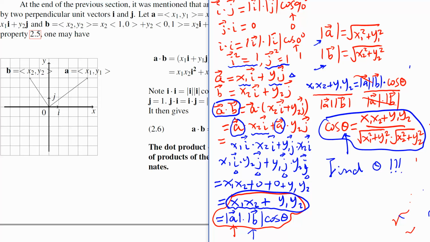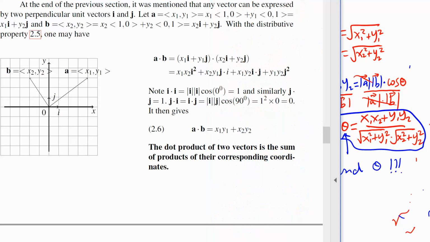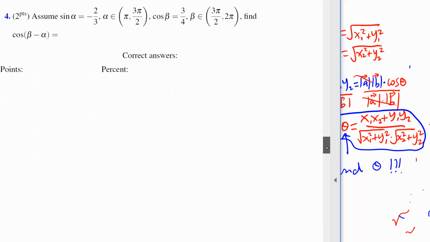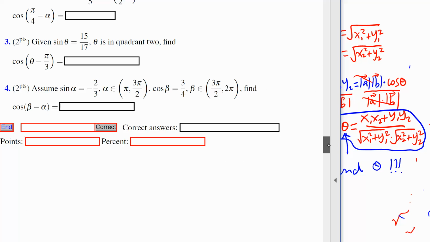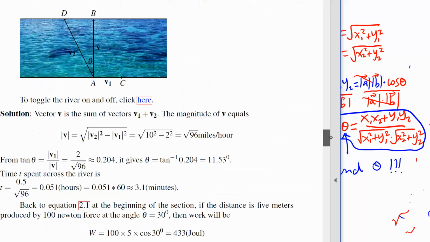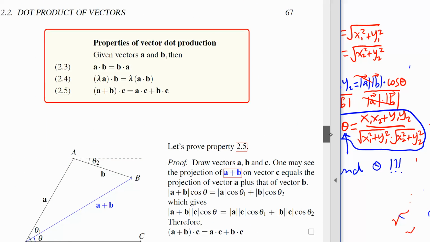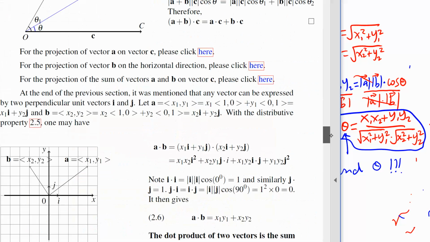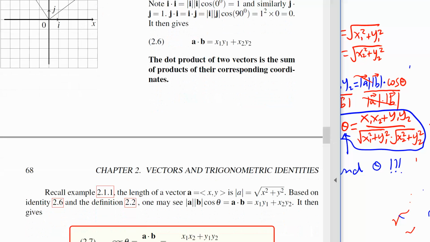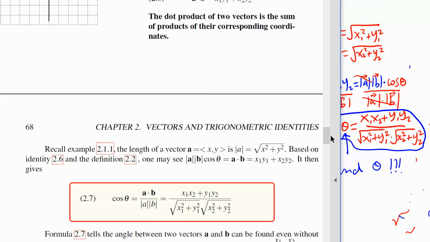Okay, so here is the one you will want to see. Right here. Yeah, this one. That's the formula we need. Okay? I'll see you next time.